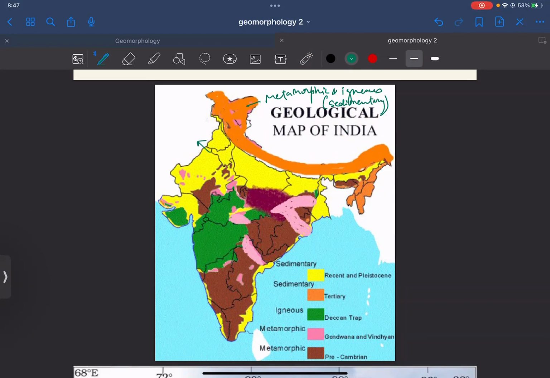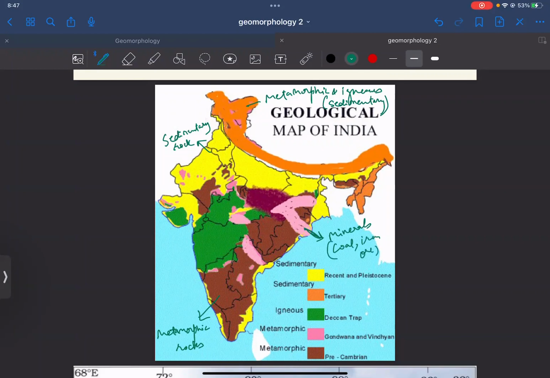In the plain area, if you are living in Delhi, UP and all, you'll see it is completely made up of sedimentary rocks. This region, the stable rock ones, is made up of metamorphic rocks. Then this pink shaded part, these are Gondwana regions. They are famous for minerals, coal, iron ore, and all.